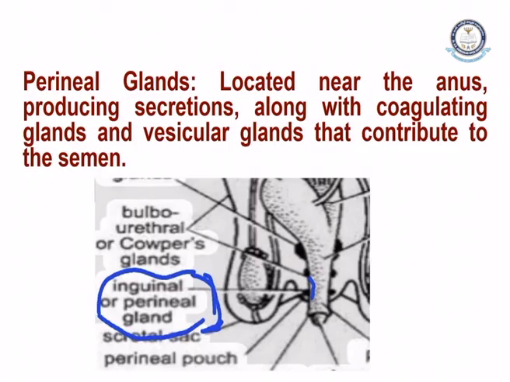This gland is located near the anus and it produces secretions along with the coagulating gland and the vesicular gland, which are also present near the testes and contribute to the semen. So we have seen three important glands which are helpful for the secretions of the semen, apart from other glands like the coagulating gland and the vesicular glands which also contribute to the semen.